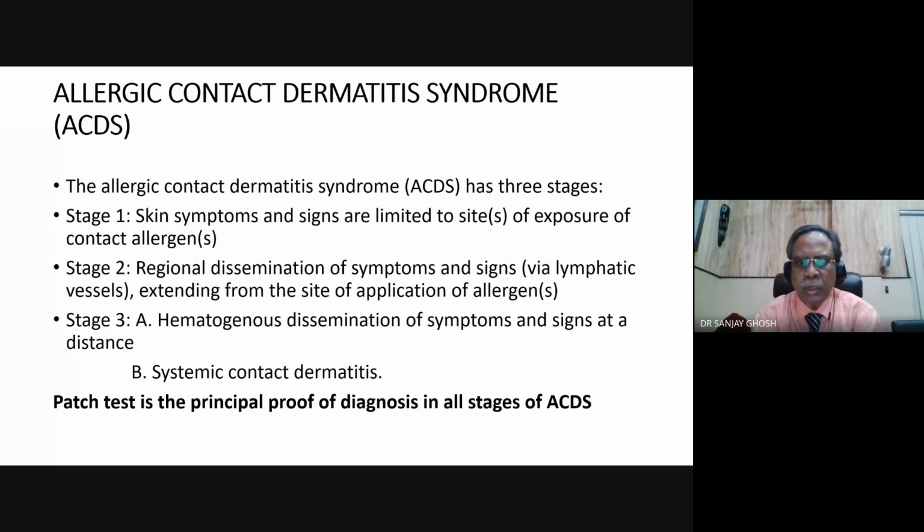This was previously called an id eruption, but nowadays it is explained pathomechanism-wise. And another concept is systemic contact dermatitis. You have to understand this to know the full umbrella of allergic contact dermatitis syndrome. But ultimately all these stages can be diagnosed by patch test. That is a very important proof.